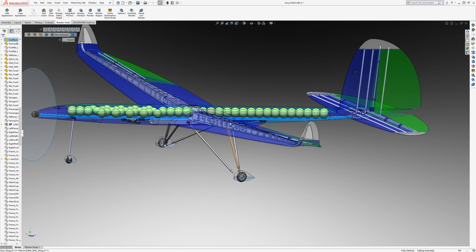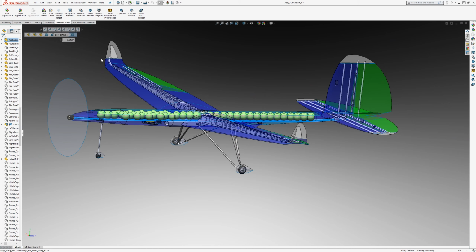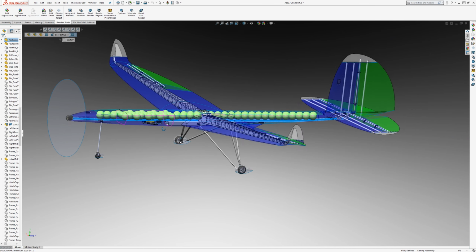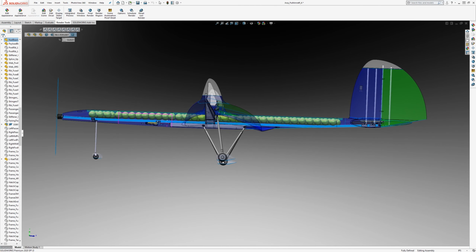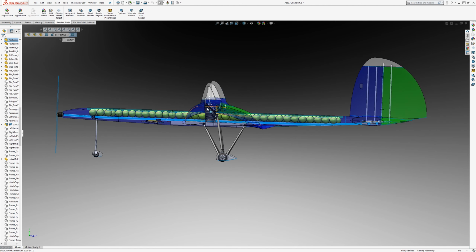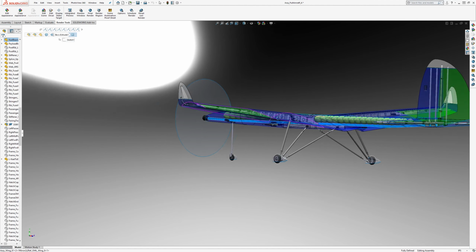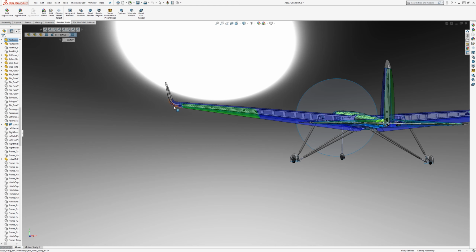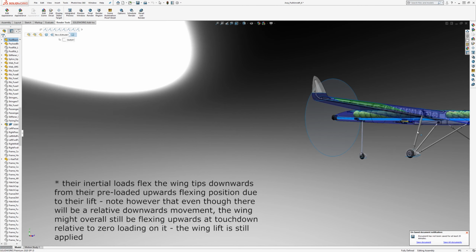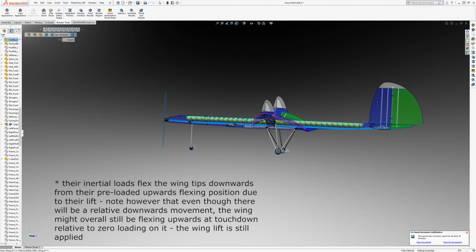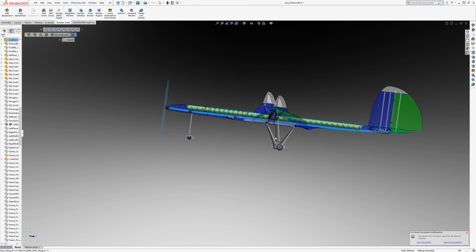But we assume the rest of the aircraft is completely rigid and stiff. In reality, if we hit the ground at 4 Gs, the wings far from that attachment point are going to flex downwards, and the fuselage far from that attachment point is going to flex downwards as well, and that sort of provides an alleviating load factor on the extremities.